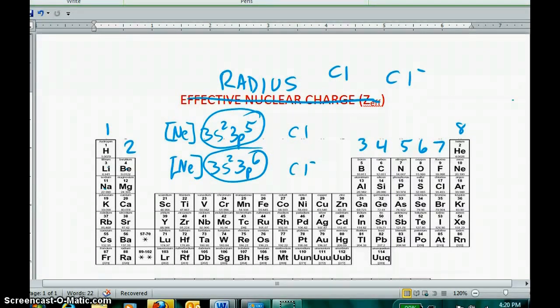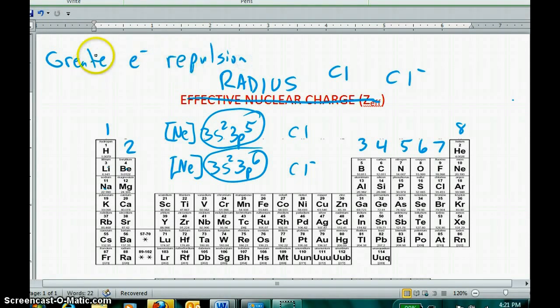Quite simply, if there are 8 valence electrons and electrons repel each other, there is greater electron repulsion amongst the valence electrons in chloride. Because of that additional electron, there are more of them, and they repel each other more. Chlorine has less of an electron repulsion between these 7 valence electrons than we'd see between these 8 valence electrons.